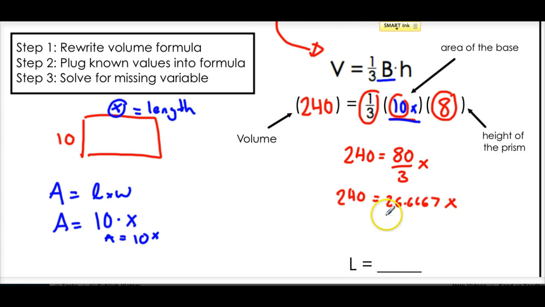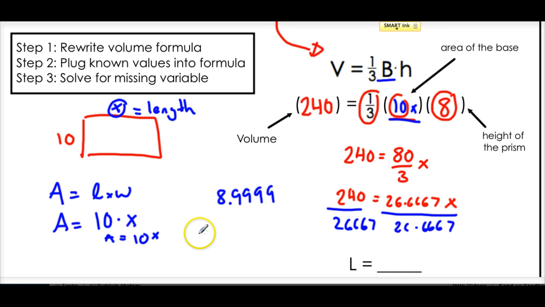To solve, we divide both sides by 26.6667, because we're solving for x. When we do that, 240 divided by 26.6667, you get 8.99999999999, which, if you get all those 9s, is just 9. So we get x equals 9.